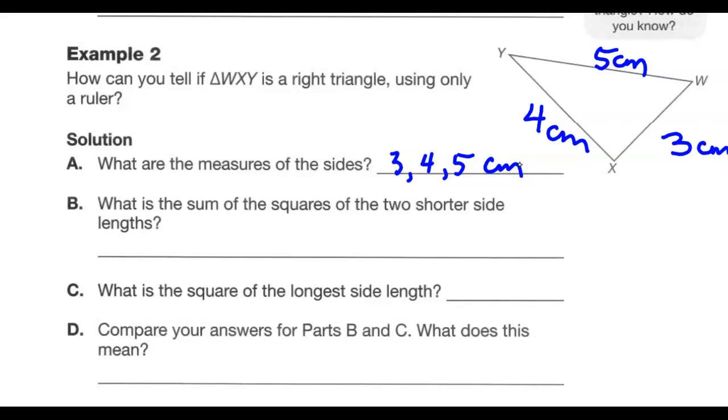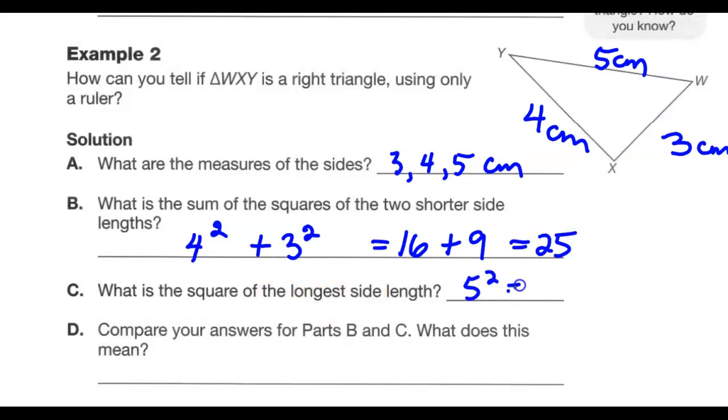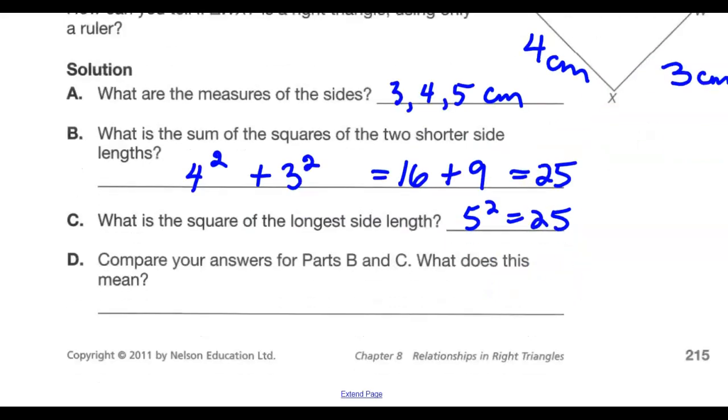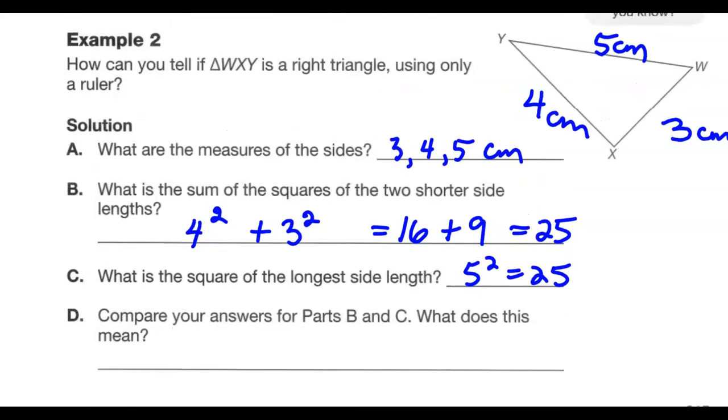What is the sum of the squares of the 2 shorter side lengths? So sum means add of the squares. Well, that's going to be 16 plus 9 is 25. What's the square of the longest side? Well, 5 squared is 25. So notice they are the same. What does that mean? Well, that means that it's a 90-degree angle in here.